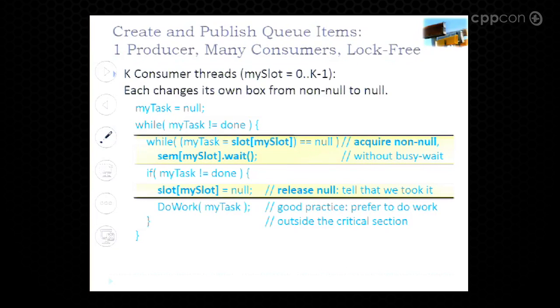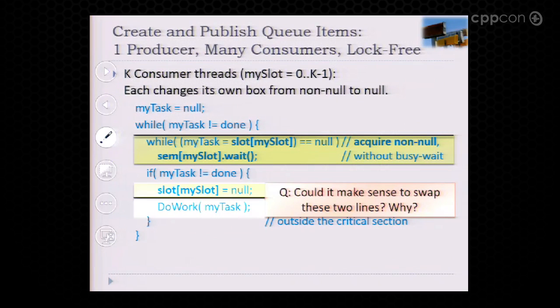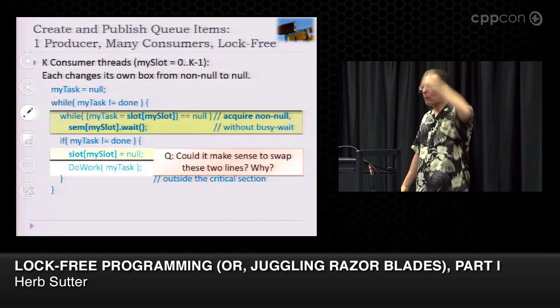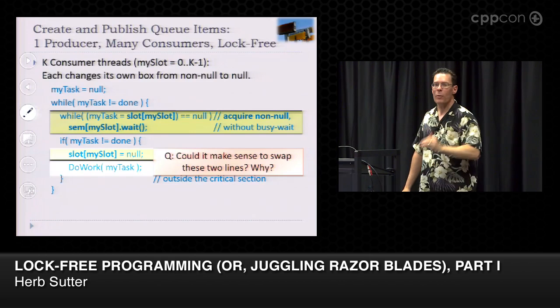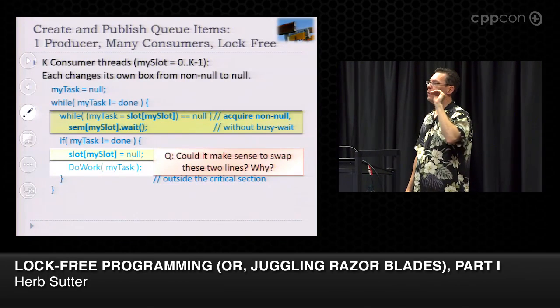So now let me ask this question. Under what circumstances could it make sense to swap those two lines? Now, those two lines are in the right default order. I want you to just automatically, without thinking too hard about it, put work outside critical sections. That's almost always the right thing to do. But there's that word almost.